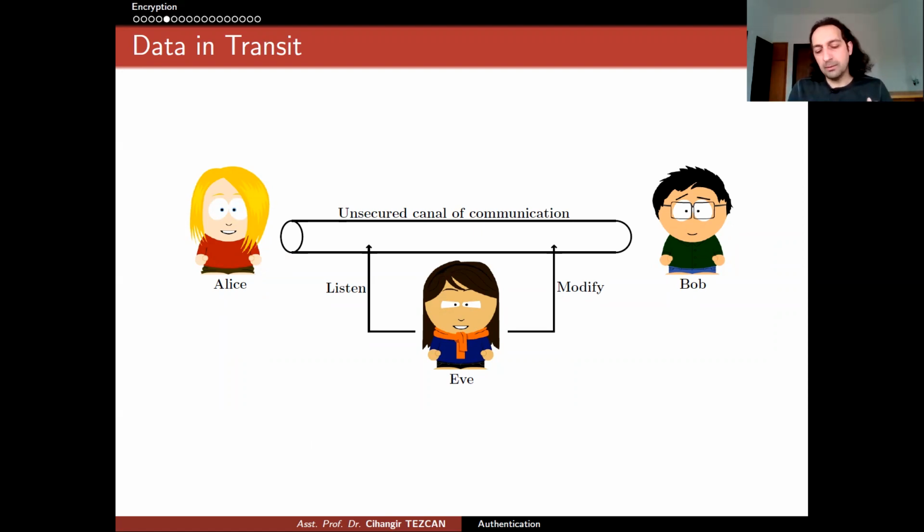But making it wireless makes it easier for people to listen, because if Eve has an antenna, she can capture any communication that is going around her. So this is why we assume that Eve can listen to communication. We always assume that anything that we transmit is stored by some people.